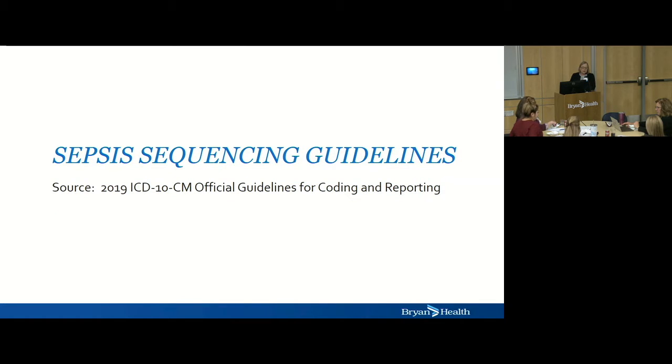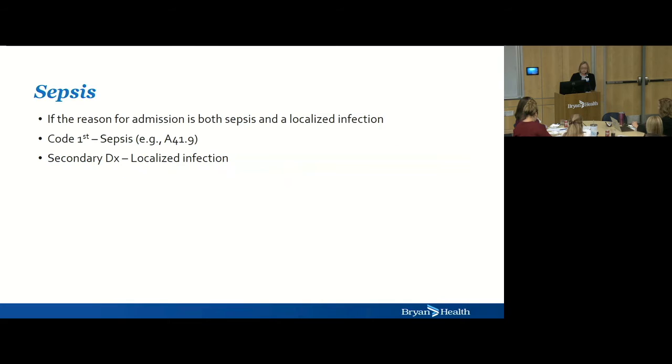The remaining slides deal with sequencing guidelines, and my emphasis was to point out again how important the documentation is in the chart, because that's all the coders have when it comes to coding the chart. And there are many rules that are involved in coding a sepsis patient.